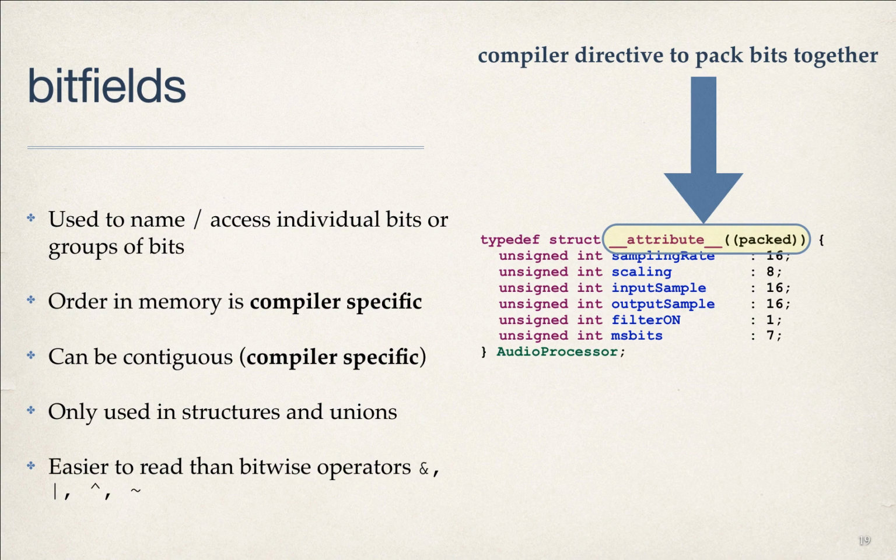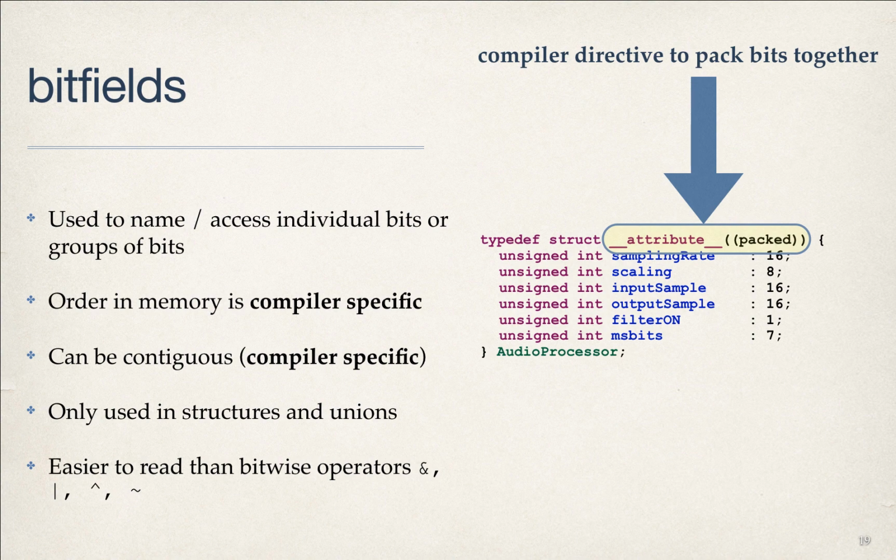Now, how that's laid out in memory does depend on the compiler. For the compiler I was using when I wrote this slide, there's this additional attribute called packed. It's a compiler-specific directive which forces these to be packed end to end. So we've got 16 bits, and the following 8 bits is this one, and the following 16 bits is that one, the following 16 is that, the following 1 bit is that, and so forth.